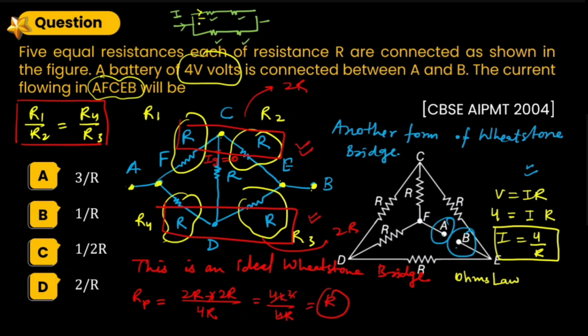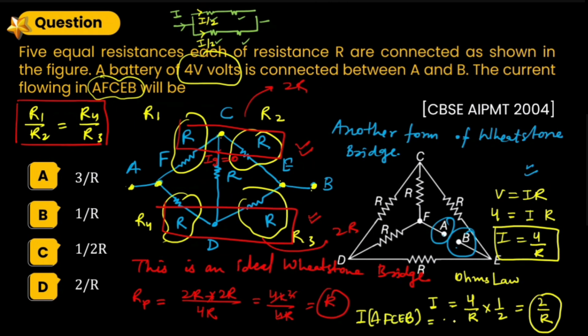So I by 2 will go there and I by 2 will go there. So using Ohm's law, the half value of 4 by R would be 2 by R. So the current through the AFCEB wire is going to be 2 by R.